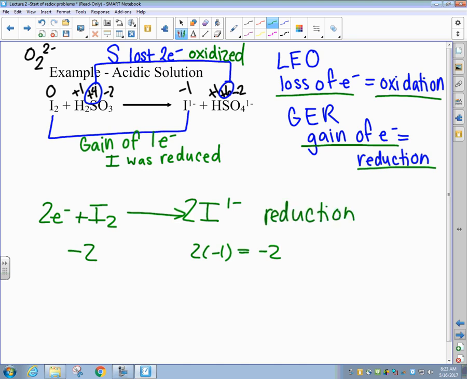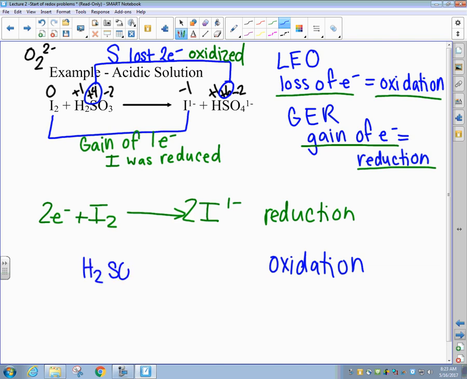The second half reaction that we need to write out is our oxidation half reaction. In the oxidation half reaction, we see that sulfur, we've got H2SO3, sulfurous acid, forms the hydrogen sulfate or bisulfate ion.